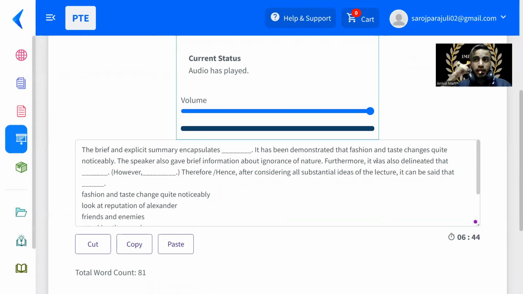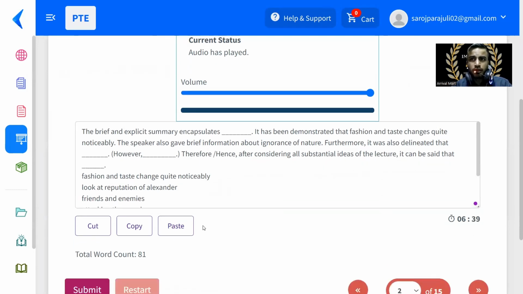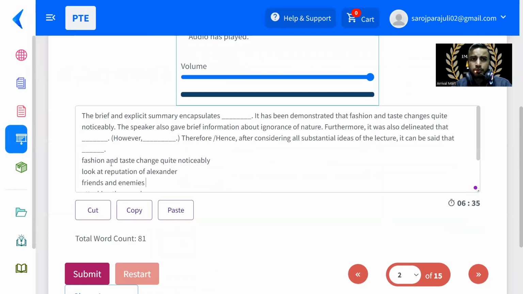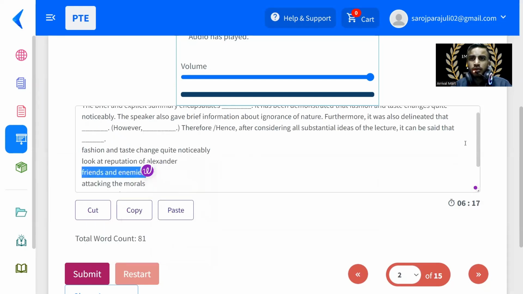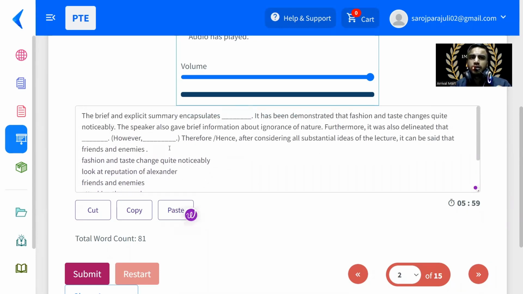Furthermore, it was also delineated that... it can also be said that friends and enemies need to get attention and respect. Okay. Respect that they deserve. Okay.